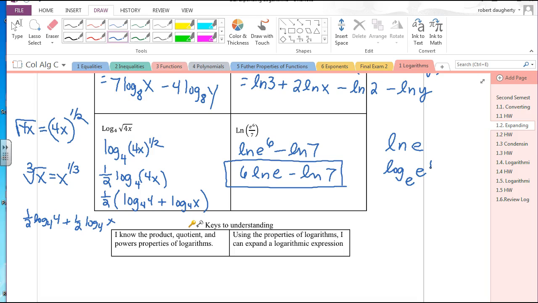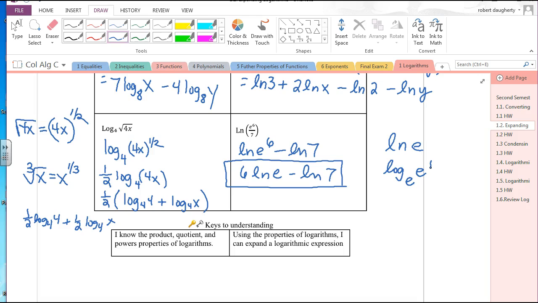So what do you know about the log and the exponent? Those kind of functions are what to each other? They're inverses. So what happens when I do a function and its inverse? Think about this.